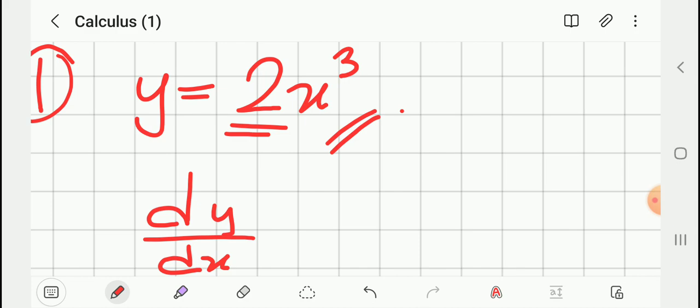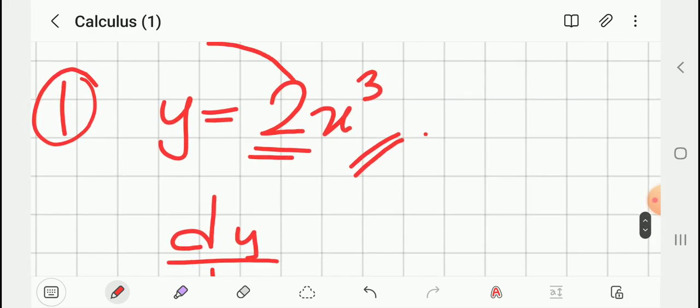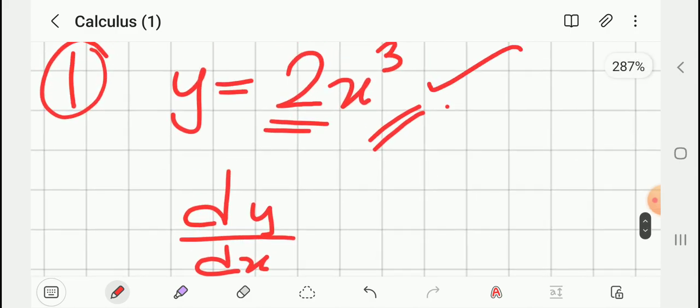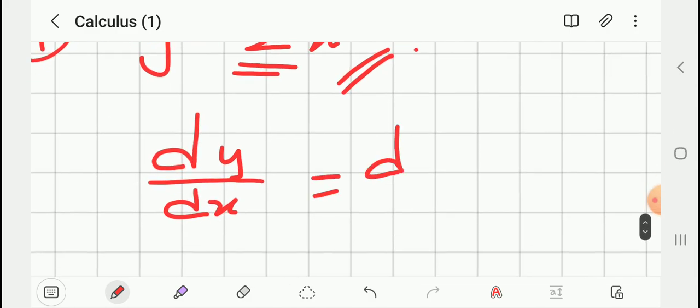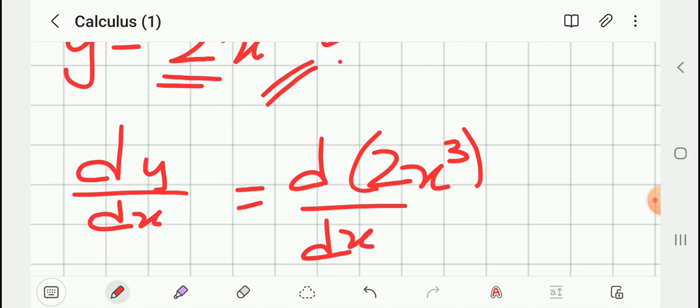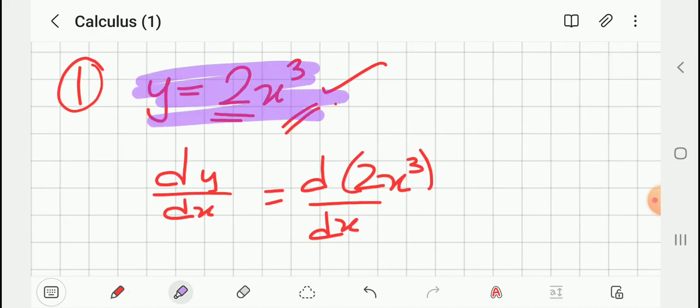When we differentiate, the first thing we do is take the constant out. y is equal to this thing, so we can write it as d by dx of 2x cube. I simply put the value of y over here.